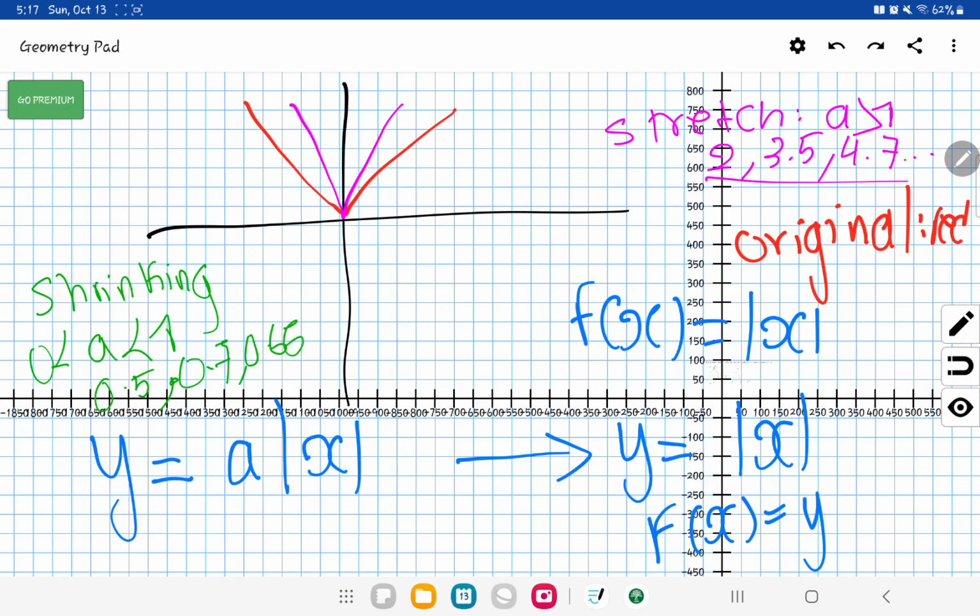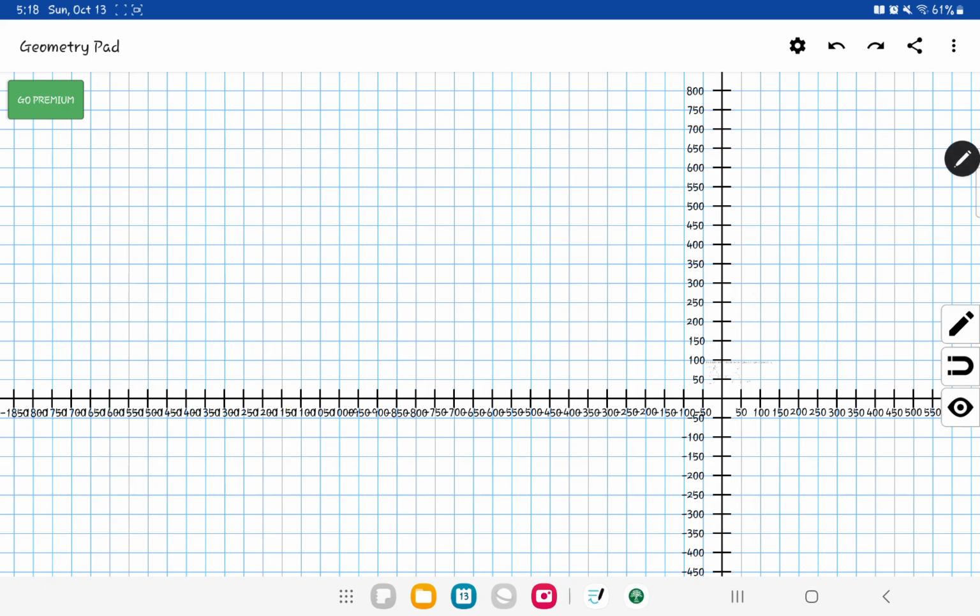As long as it's between 0 and 1, okay? So this is what we call shrinking. It will look like this on the graph. Alright, so the red is the original, the pink is the stretching, and the green is the shrinking. So this is it for the case of stretching and shrinking.